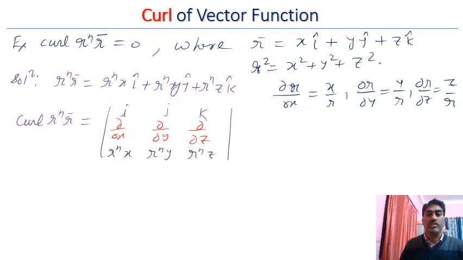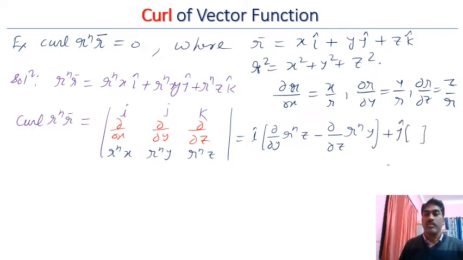So let us expand this. Expand, so you get i, then del by del y of r^n z minus del by del z of r^n y, and the two more terms will come, which I am leaving for you as practice and homework.